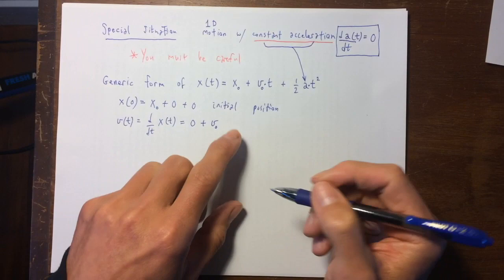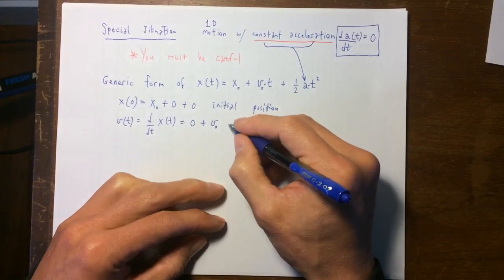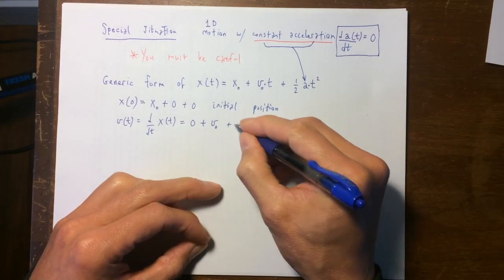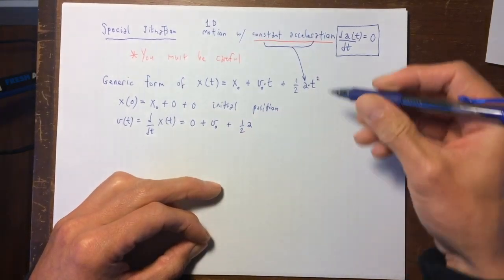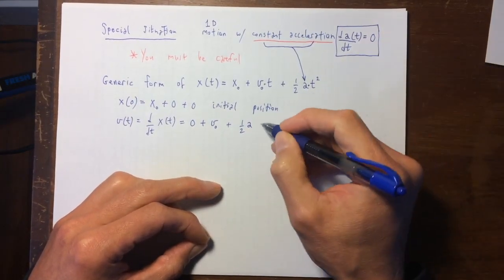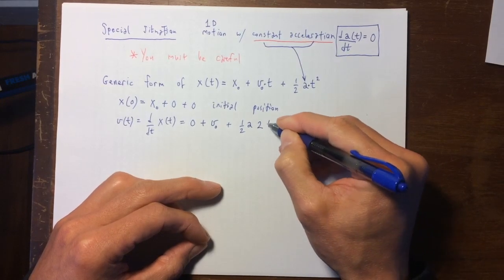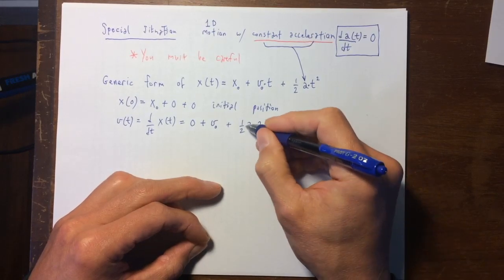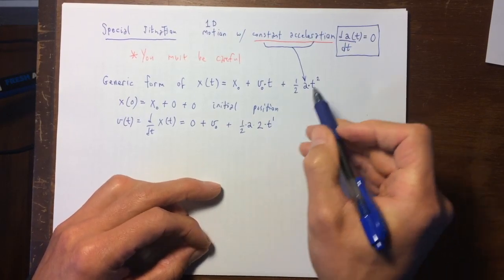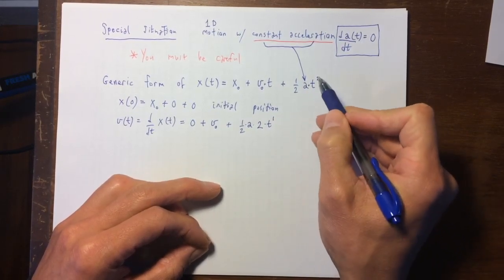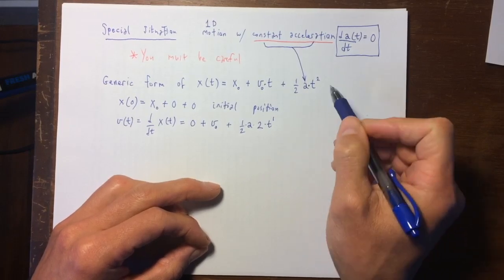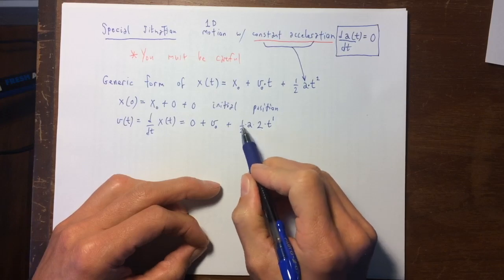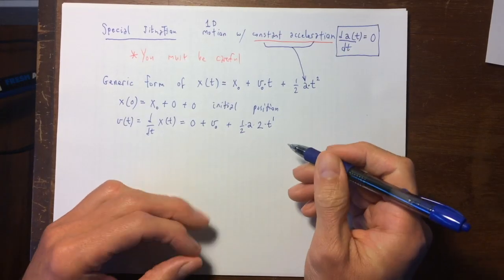And the time derivative of the third term is equal to 1/2 a, but then it's 2 times t to the first power, right? That's how you take the derivative of the t squared. The 2 comes down, and the t gets left over with a power of 1. So that 2 that came down combines with the 1/2 to turn into a 1.